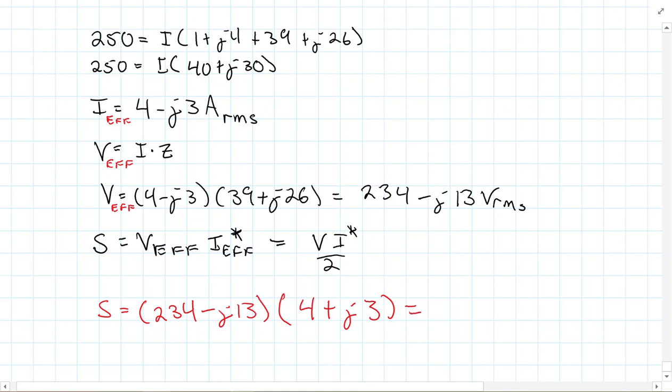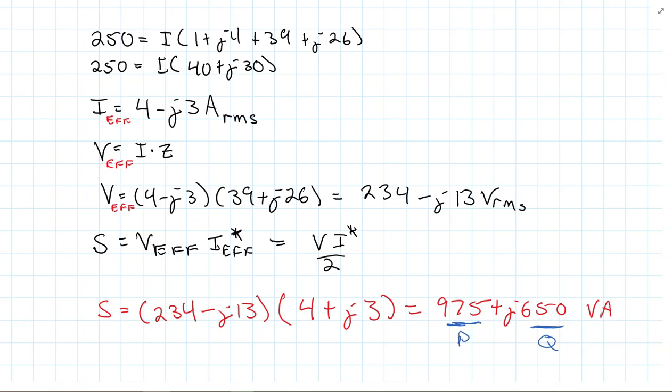If I do that computation, I get 975 plus J650 volt amps, which from this we can pick off P, my average power, and Q, my reactive power.